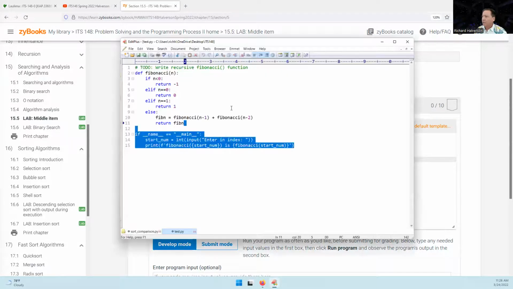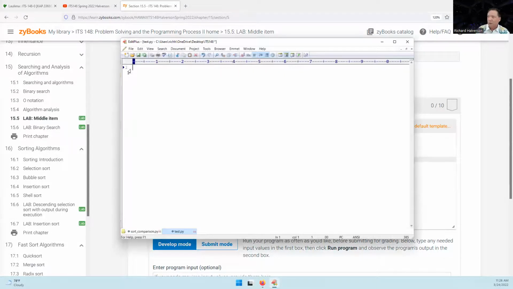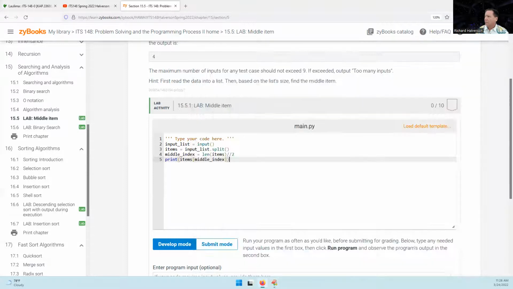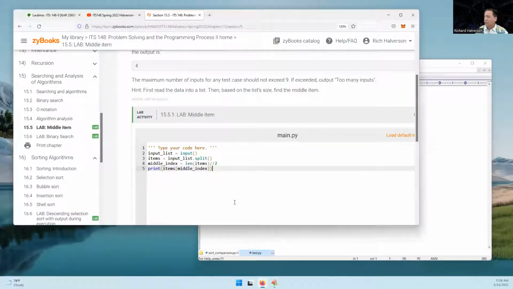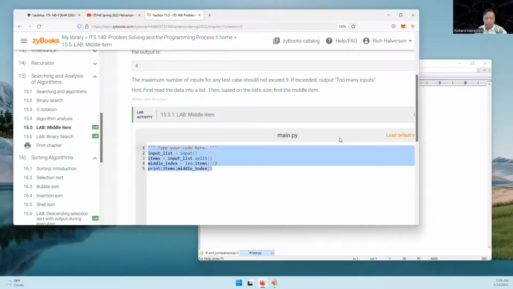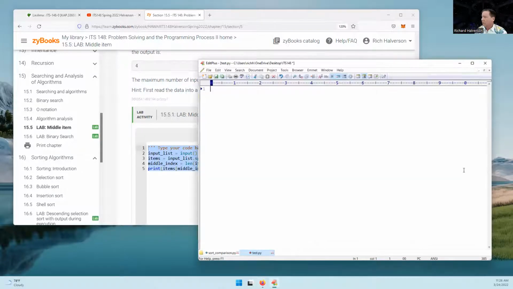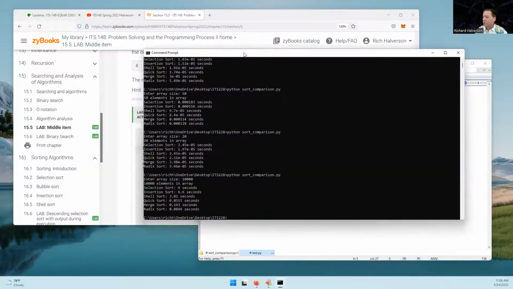Let me get rid of this. And I'm going to take this code, paste it there and save it as test.py, then bring up my command line, which was this over here.